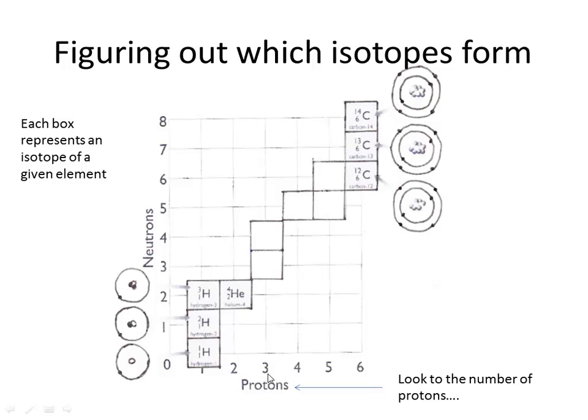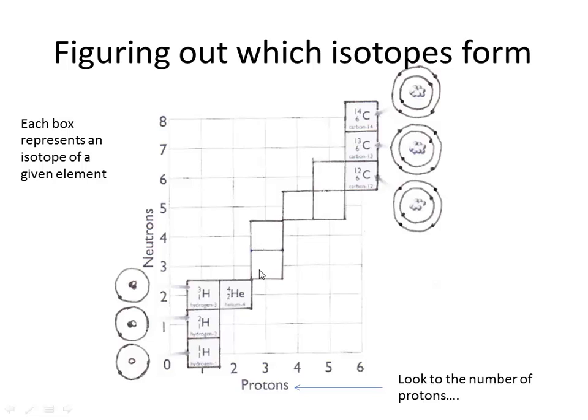Lithium. So lithium with 3 protons has 2 different isotopes. It has an isotope with 3 protons and 3 neutrons, indicated by the axes. The y-axis is the number of neutrons. The horizontal axis is the number of protons. So we have 3 protons and 3 neutrons. What would that mass be, Divine?